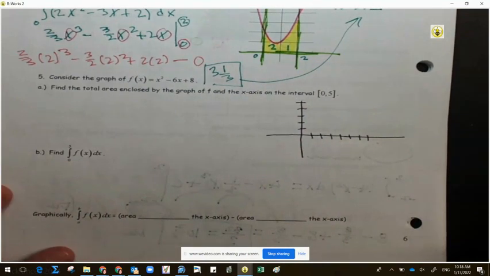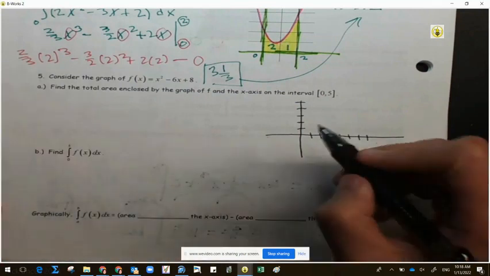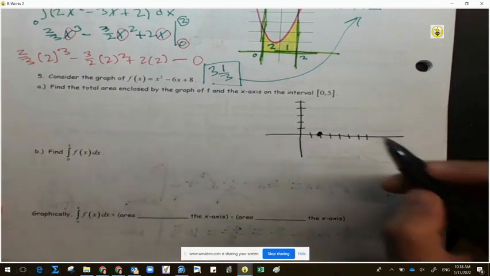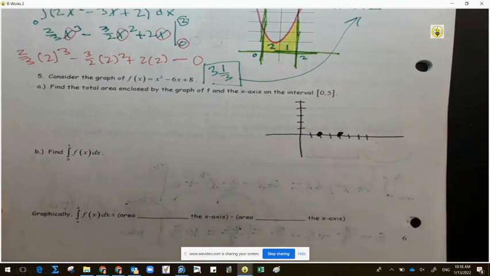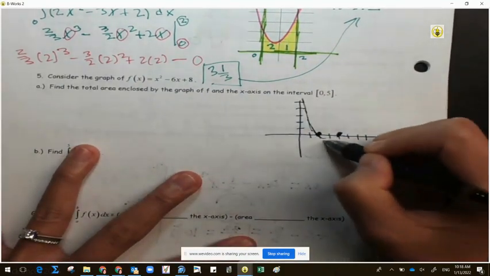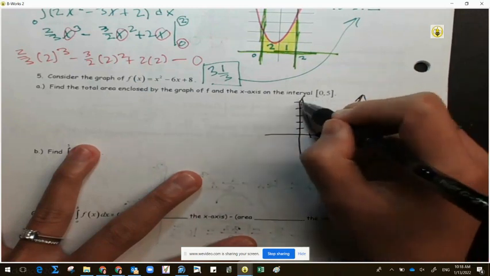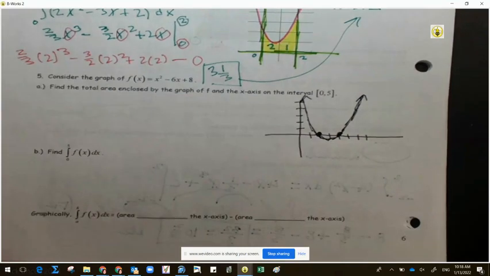The first point is going to be at some number. I'm going to say it's a dot over here. There's a dot over here, and I'm just approximating my graph. My graph is going to do something like this. And what the problem is wanting is the following.